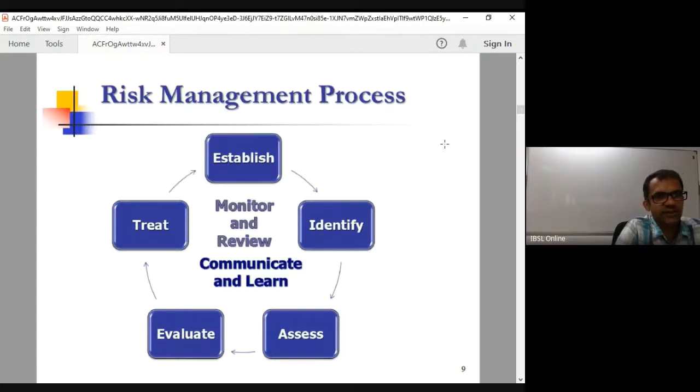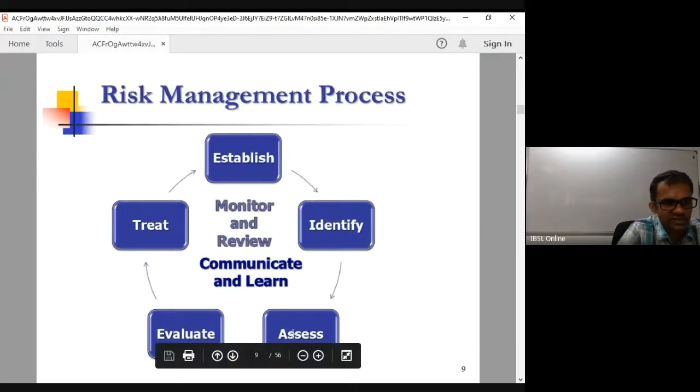Once you identify the risks, you should assess the risk. Each and every type of risk, how to measure these risks. Basically, how do you measure these identified risks?